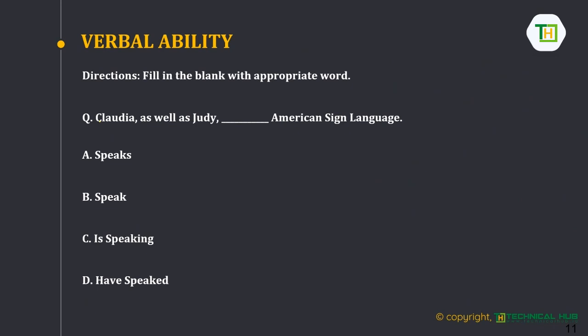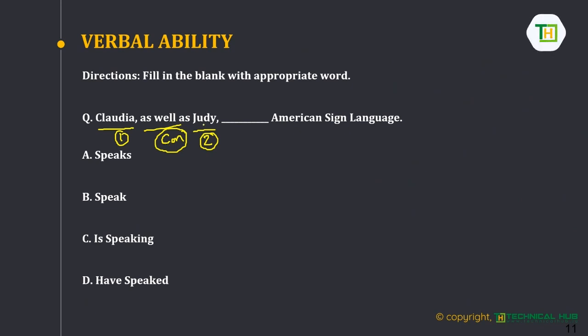Double subjects means Claudia is one, Judy is the other. So this is the first subject and this is the second subject, and as well as is the conjunction here. Try to remember, conjunction means a joining or linking word. So here two subjects are joined by a conjunction.